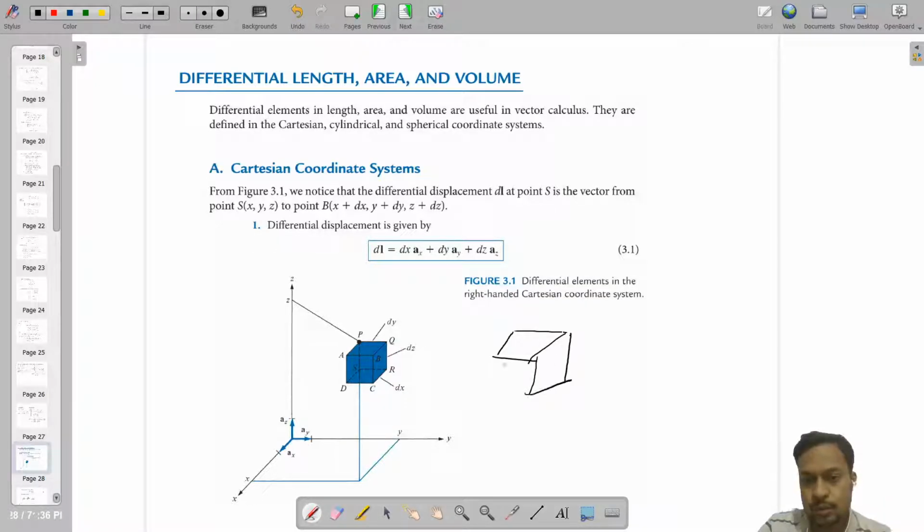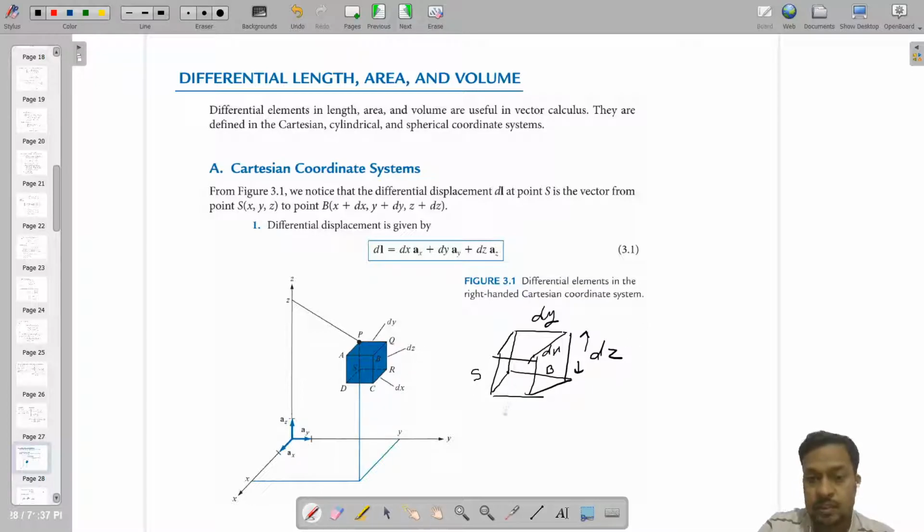If this is the x plane, then this length is dx, this is the y plane, then this length is dy, and if its height is in the z plane, then this length is dz. Now consider an initial point here, S, and a point here, say B.